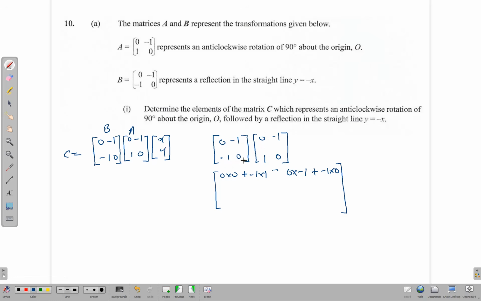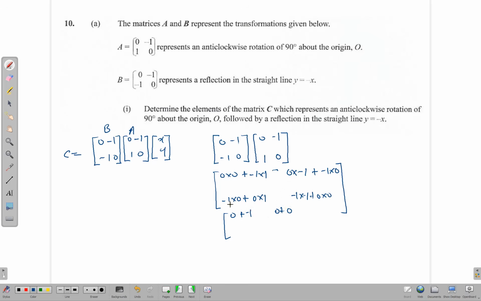Then let's do that again for the second one. So it's -1 times 0 plus 0 times 1, and then -1 times -1 plus 0 times 0. Now of course this gives us here 0 times 0 is 0 plus -1, and here it gives us 0 plus 0.